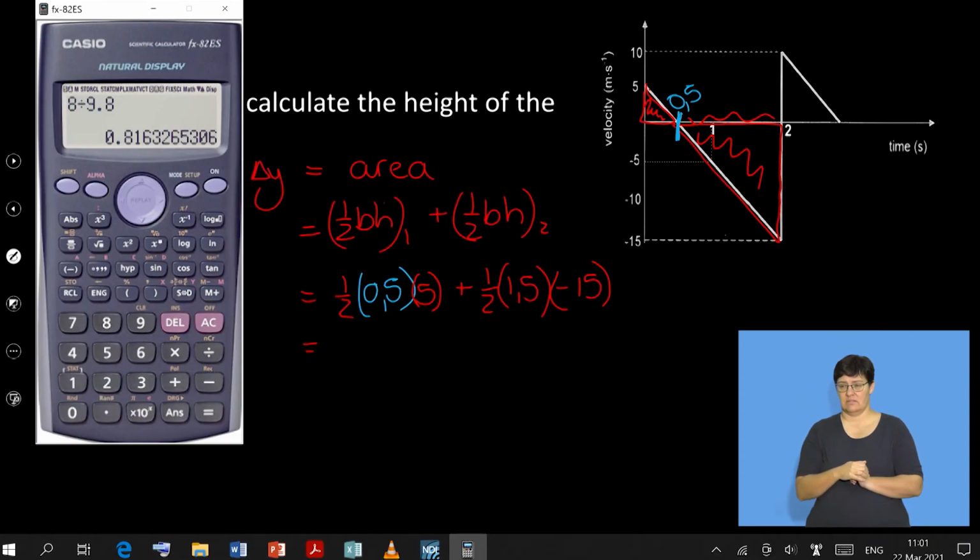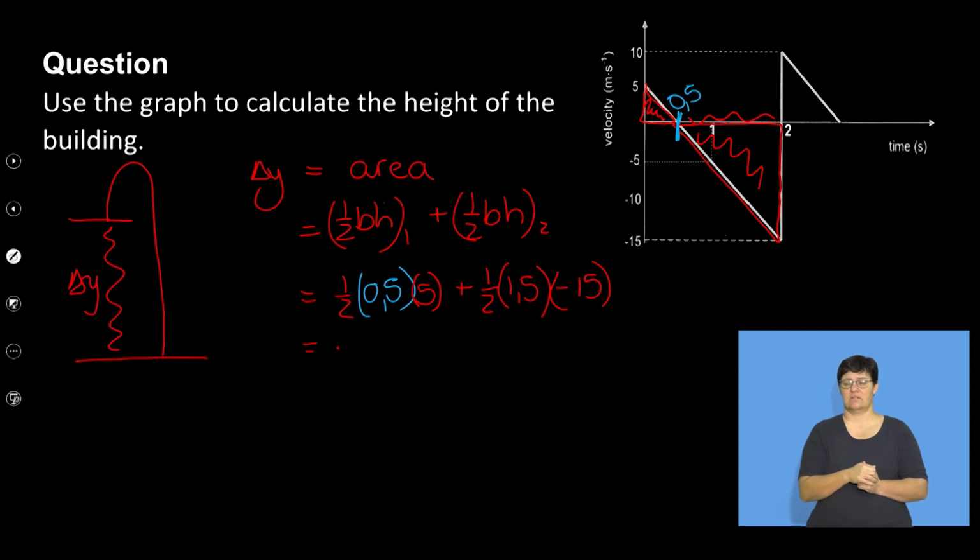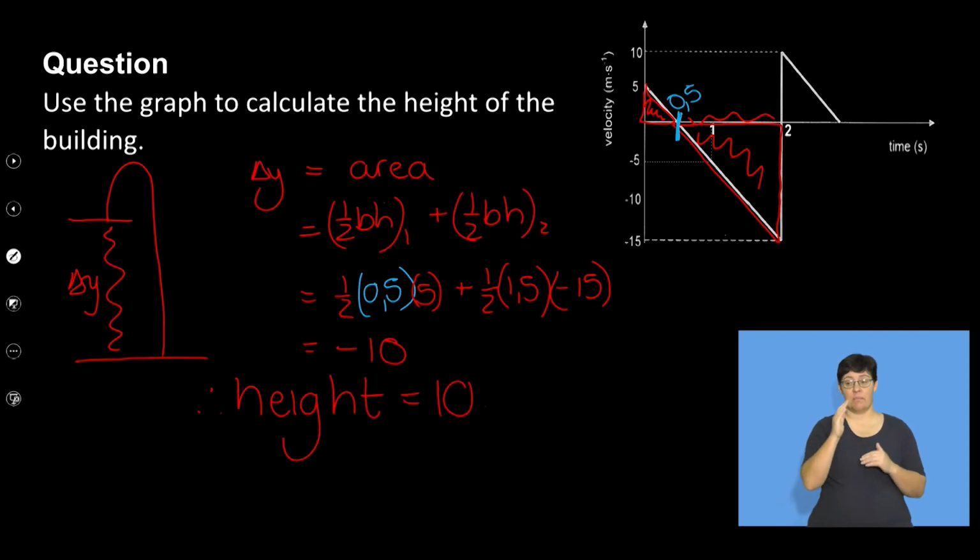Okay, so we need our calculators, and we're going to go 1/2 times 0.5 times 5, and this is going to end up being minus 1/2 times 1.5 times 15, and I get minus 10, which is what I expected, but the question was, what is the height of the building? Therefore, my height is 10 meters.